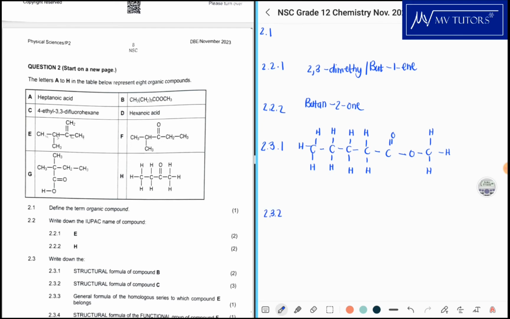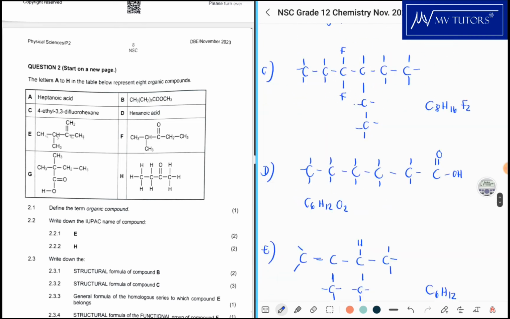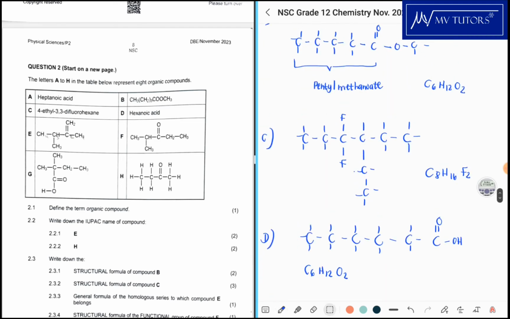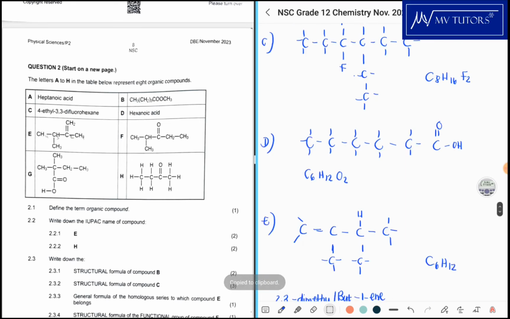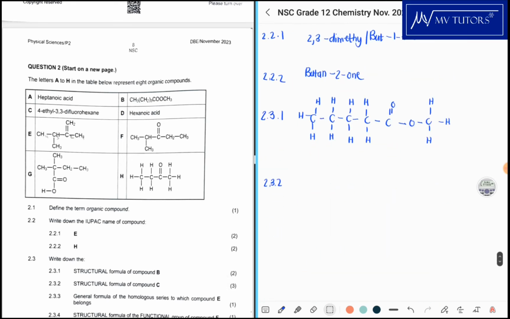And then the structural formula for compound C. So we already put it there. Let's just fetch it and deliver. All right. So yes, compound C, 4-ethyl-3,3-difluorohexane.